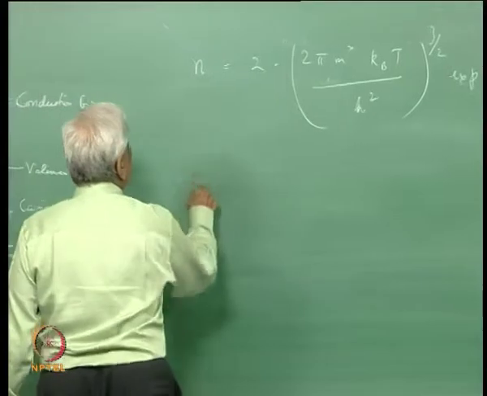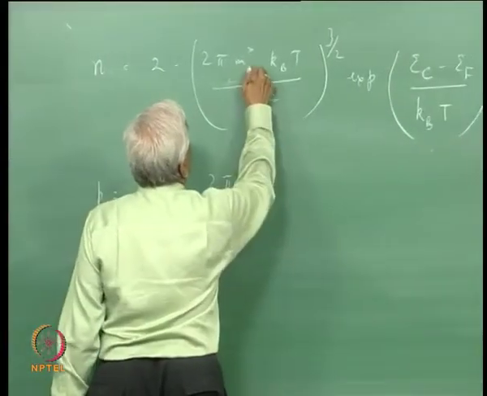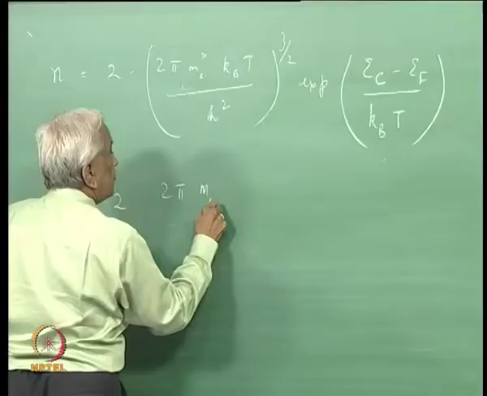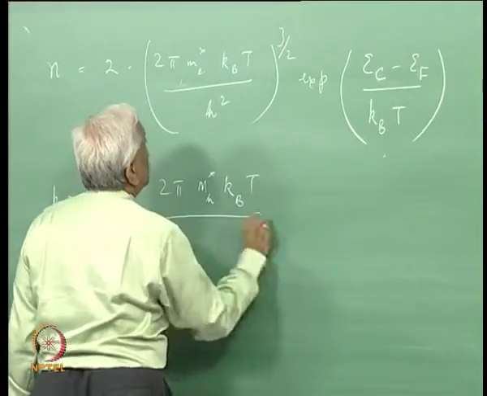Similarly, the hole concentration is given by a similar expression, where m star is the effective mass of the hole and T is the temperature.